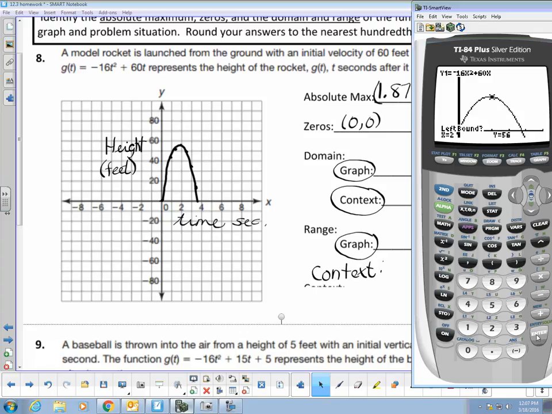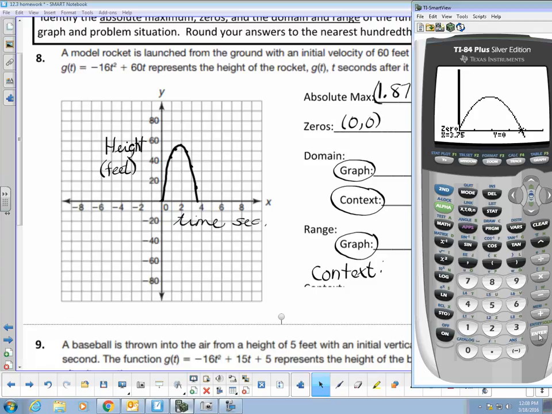My cursor is at a place where I'm ready to select enter. And then as I bring the cursor down, I want to go past the x-axis. The way that I know that I'm past the x-axis is if you look here, it says y is equal to -2. So I'm below the x-axis at -2. So I can hit enter again and then enter a third time.